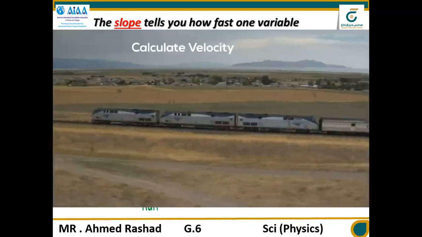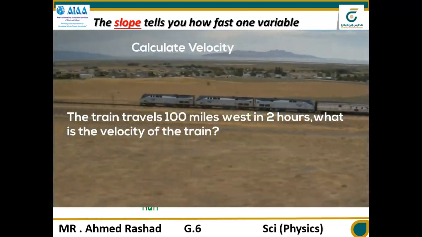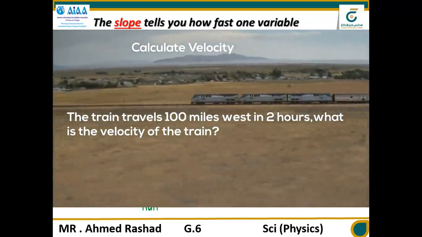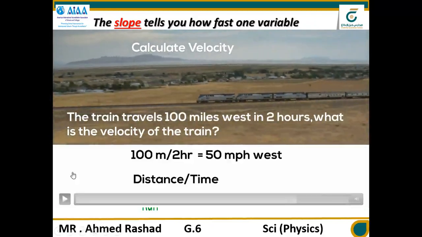This train travels west at 100 miles, and it takes the train 2 hours. What's the velocity? Here it is worked out. So, boys, you can see here the west, the direction of the train. So here we call it velocity, not speed.